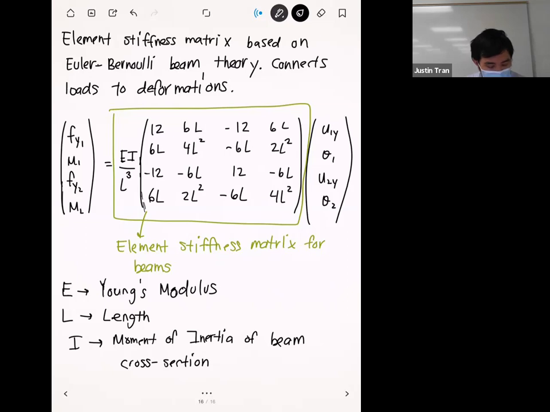I have one more quick thing to cover, and then we'll jump into some example problems. Any questions? Yeah, quick question. Right here, we're in the stationary coordinate system. Well, technically these are in the local coordinates because these displacements are transverse to the beam itself.